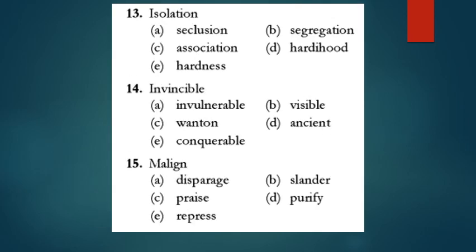Isolation: seclusion, segregation, association. Hardihood: harshness. Invincible: invulnerable, visible. Wanton: ancient, conquerable. Malign: disparage, slander, praise, purify, repress.